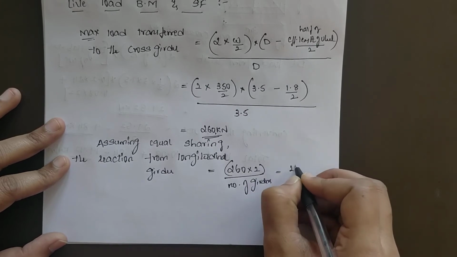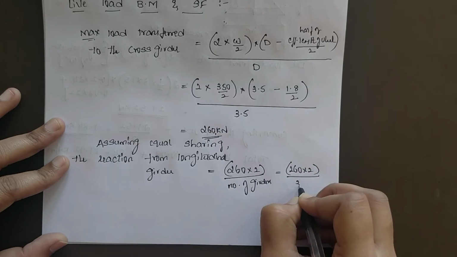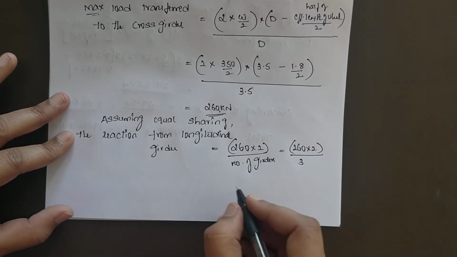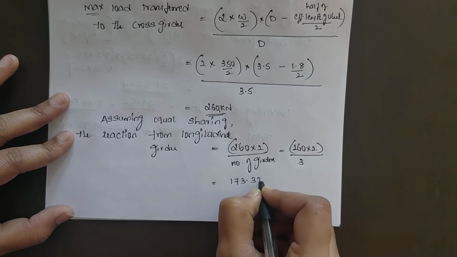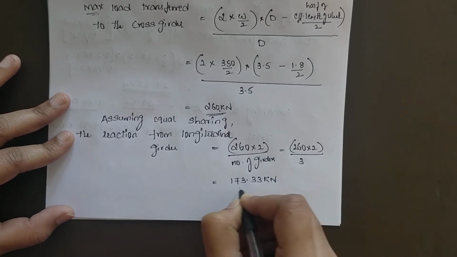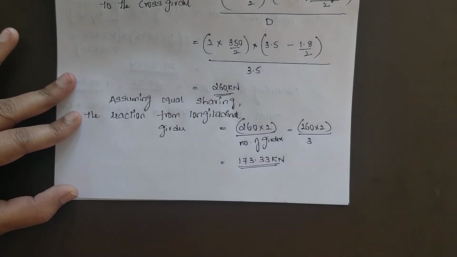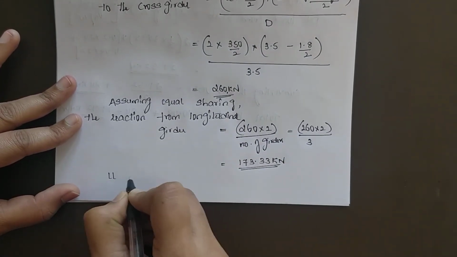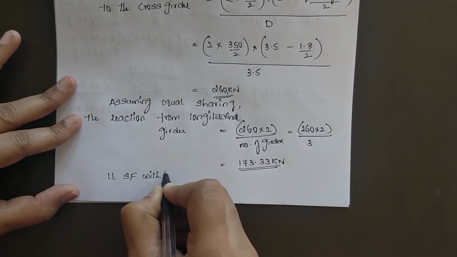Okay, that is 260 into 2 divided by number of girders, it is 3. You will get it as 173.33 kilonewton. Then you need to calculate live load shear force with impact.